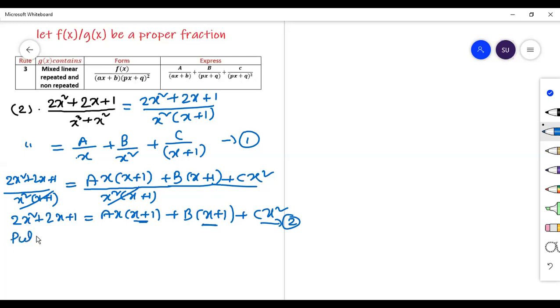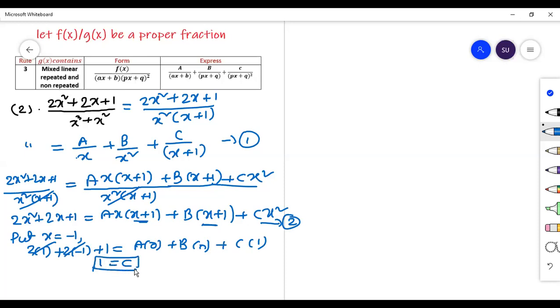Put x is equal to minus 1. So 2 into minus 1 whole square is 1, 2 into minus 1 plus 1 is equal to A into 0 plus B into 0 plus C into 1, because minus 1 whole square is 1. 2 cancel, 1 is equal to C, that means C value is 1. Next, in the same way, put x is equal to 0, because A into 0, 0 into anything is 0.